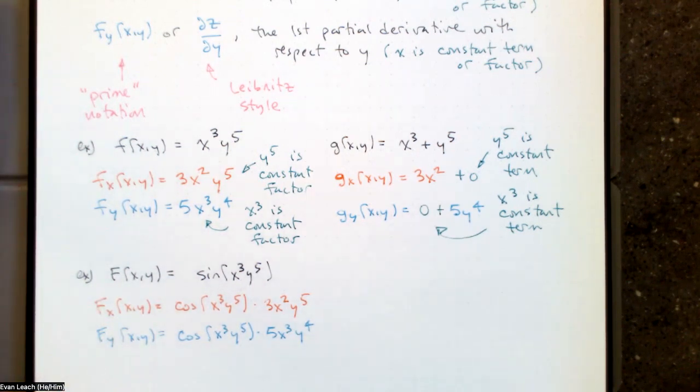We would probably want to clean these up because our monomial, we should probably write as the coefficient of the cosine, but those are just a matter of style. Chain rule is always in effect. Derivative of sine of something is cosine of that thing times the derivative of that thing.